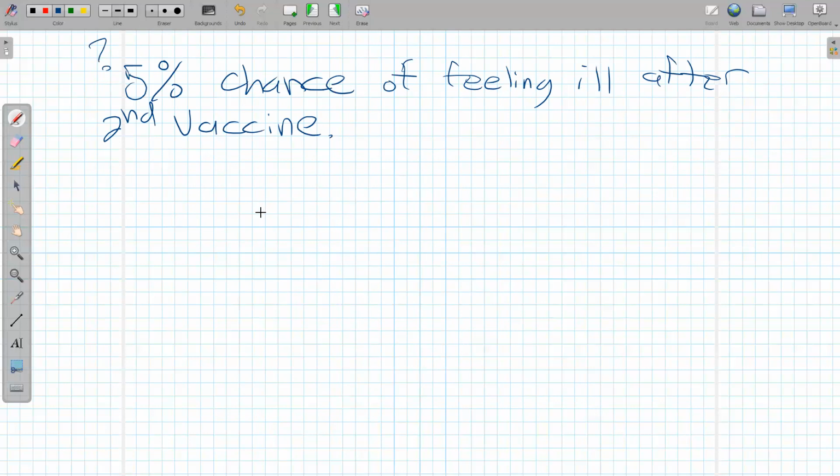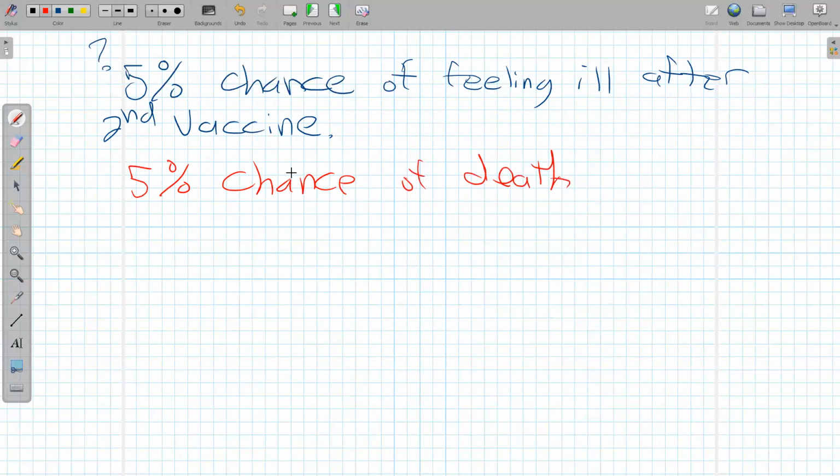Now, what if they said, hey, there's a 5% chance that you're going to die from this? Then, you know, being sick in bed is one thing, right? Dead is totally another. 5% chance I'm going to die, hell no, I'm not getting that. Right, so there's a difference in saying there's a 5% chance that you'll feel a little ill versus there's a 5% chance that you're going to die.